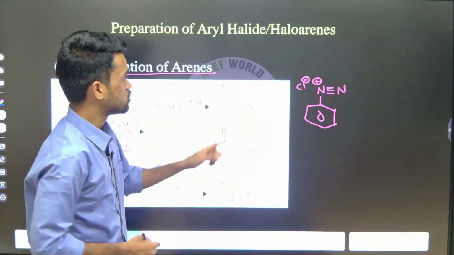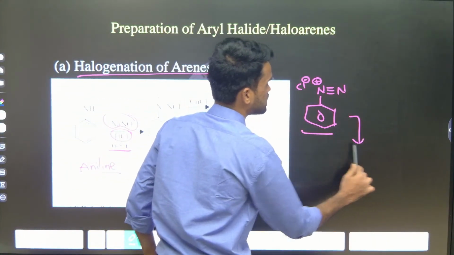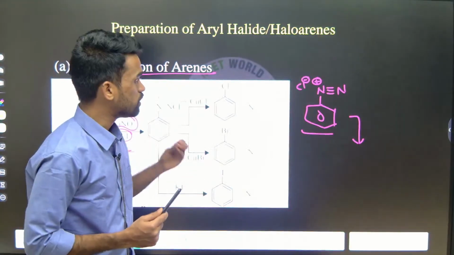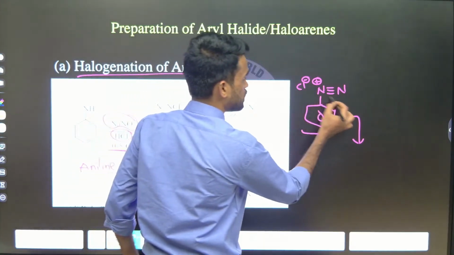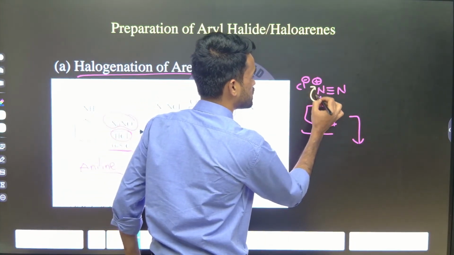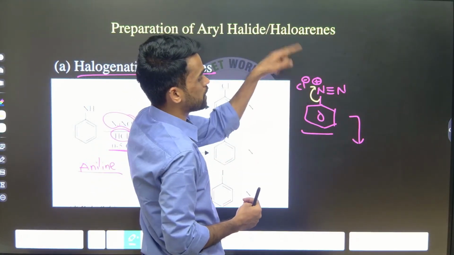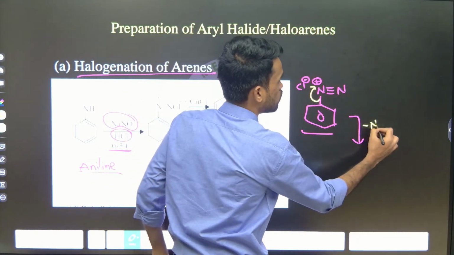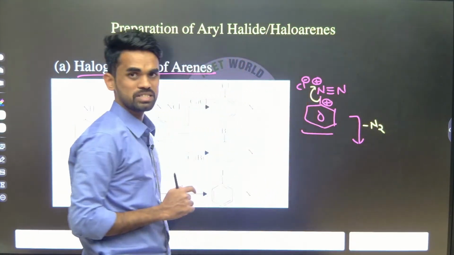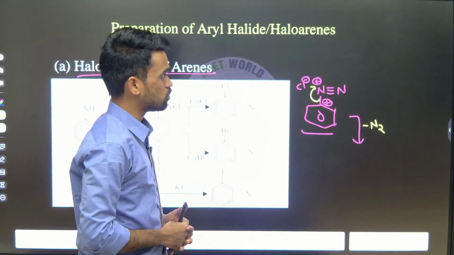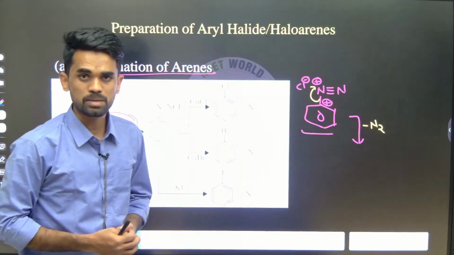Next, this diazonium chloride salt is actually unstable. If you heat it, N2 is a stable gas, so it tries to escape from the phenyl ring. When it escapes as N2 gas, it creates a positive charge on the phenyl ring. So this diazonium chloride will undergo nucleophilic substitution reactions.